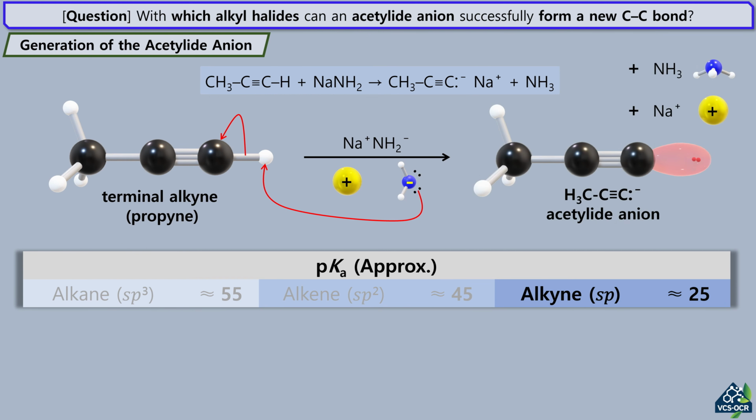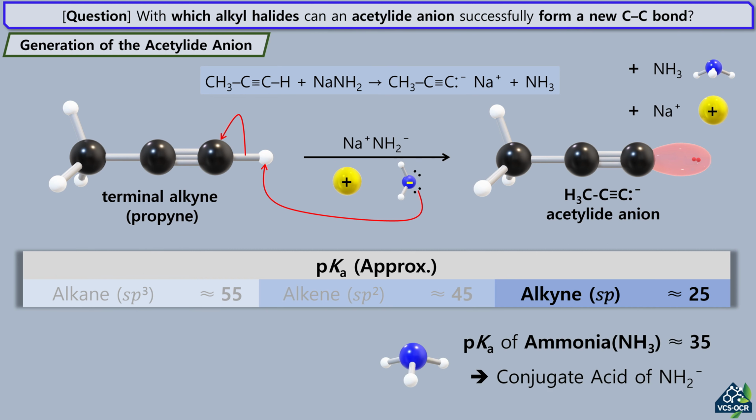The conjugate acid of the NH2- is NH3, whose pKa is approximately 35 to 38. Because this value is much higher than that of terminal alkynes, NaNH2 acts as a significantly stronger base, and the equilibrium strongly favors formation of the acetylide anion.